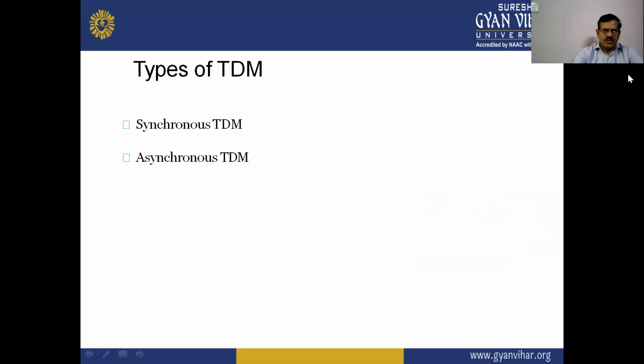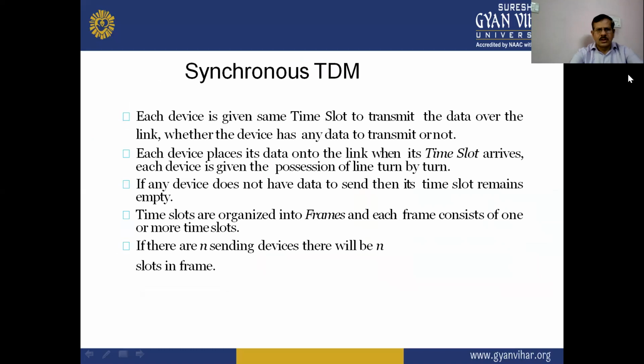What are the types of TDM? There are two types of TDM. The first one is synchronous TDM and the second one is asynchronous TDM. What is synchronous TDM?